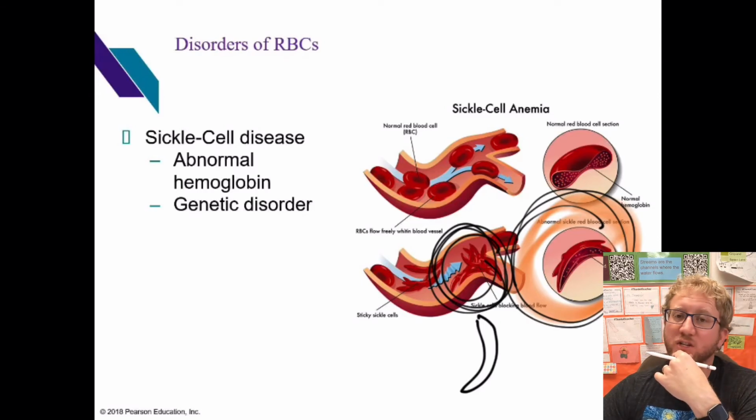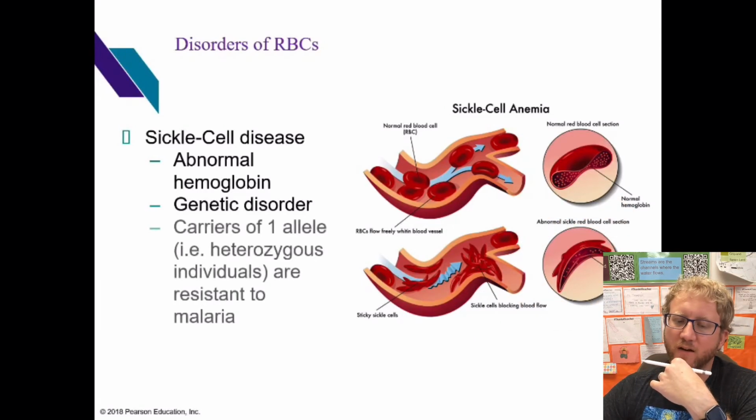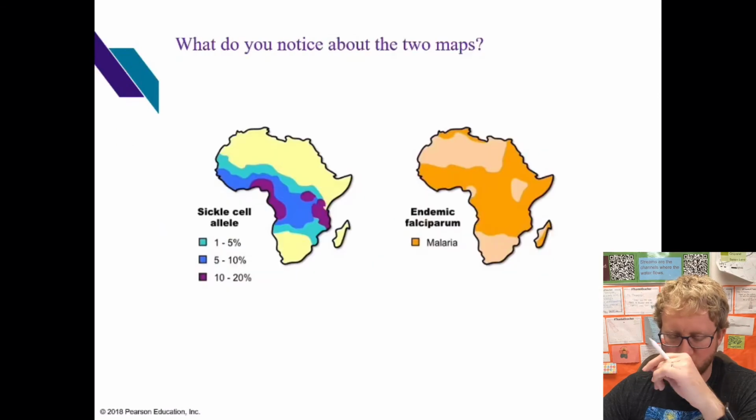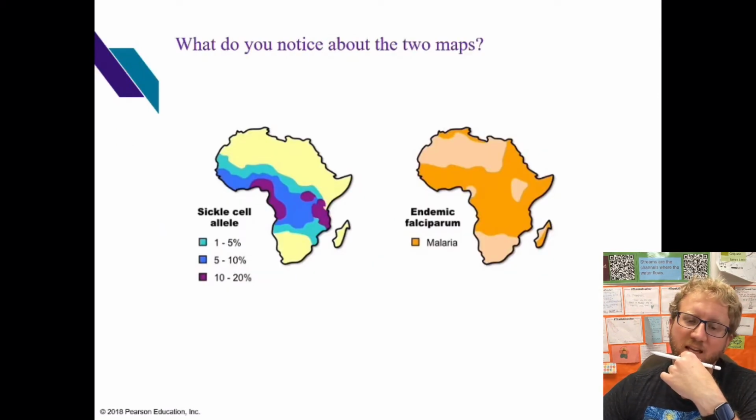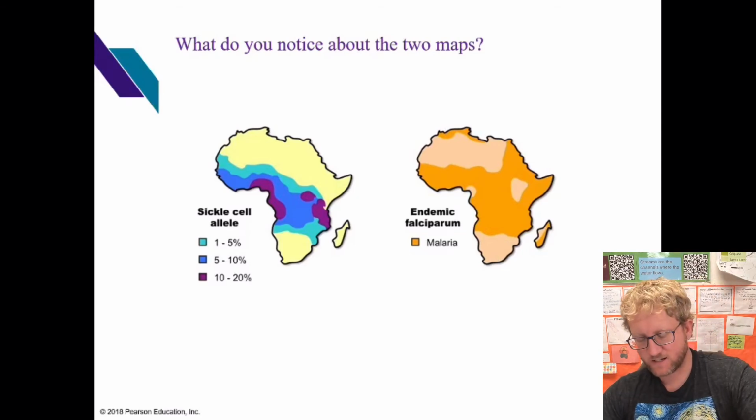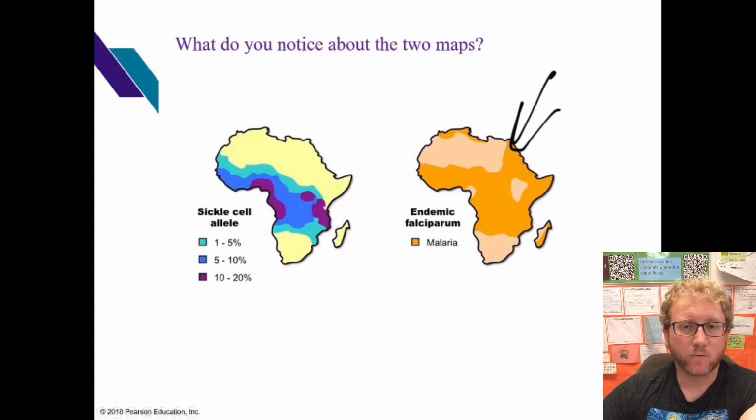However, something that's interesting is carriers of one allele, i.e. heterozygous individuals, are actually resistant to malaria. Now, check this out. I want you to tell me, what do you notice about these two maps? One of them is the prevalence of sickle cell anemia in certain regions of Africa, and the other map is a distribution map of a particular type of mosquito.